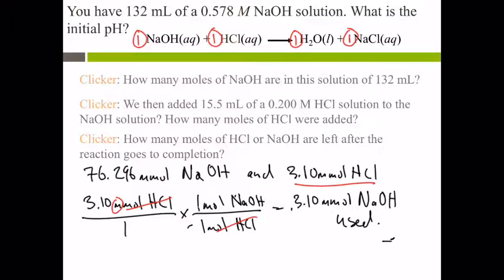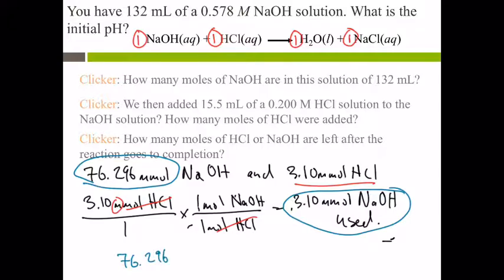If we used 3.10, but we had 76, we need to find the difference. So we started with 76.296 millimoles. We used up 3.10 millimoles.